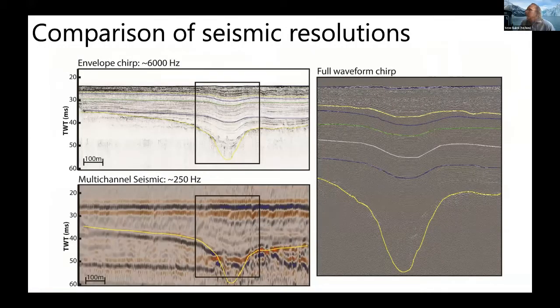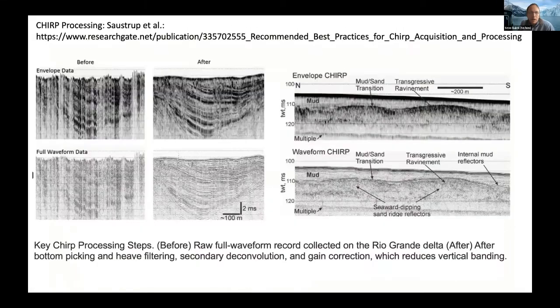Just a quick shot of some examples of the data. So here's envelope CHIRP, and then the full waveform version of the envelope CHIRP versus the 2D high res example of that we have. And I just wanted to do a quick shout out. We recently wrote a best practices paper for CHIRP processing that I know we've been sharing with the USGS and others.